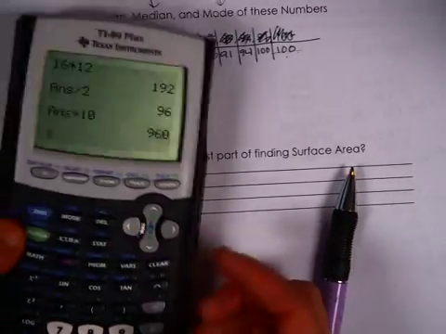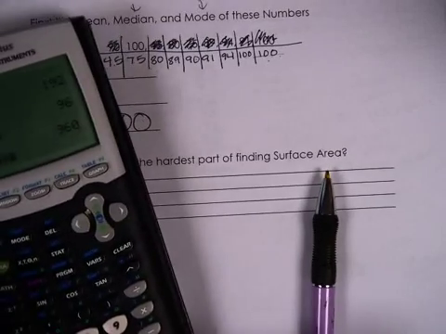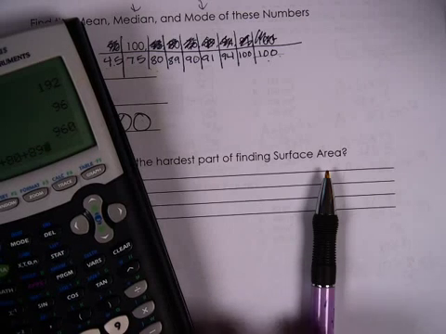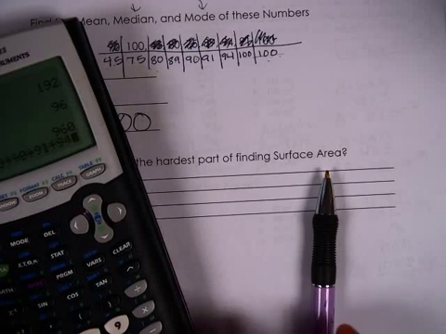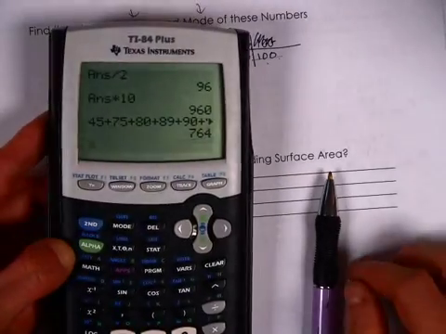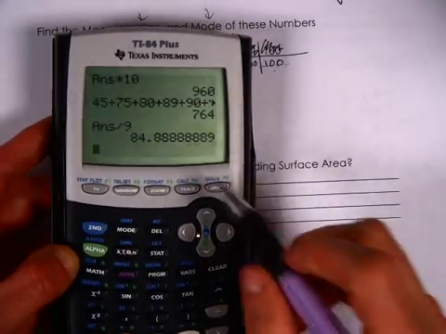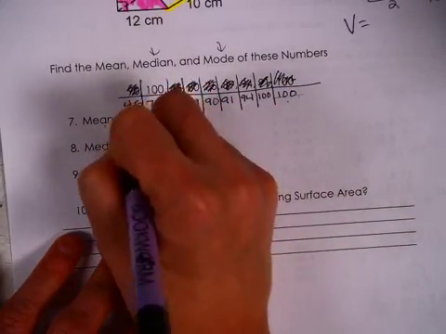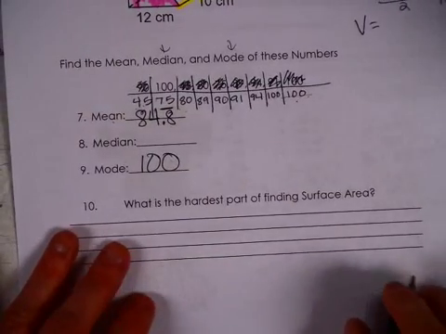So I have to add them all up, and I go 45 plus 75 plus 80 plus 89 plus 90 plus 91 plus 94 plus 100 plus 100, and I get this number, and then I have to divide by 9, and I get 84 and 0.88888 repeating. So my mean, and I kind of ran out of room, was 84.8 repeating. That's what I was looking for.